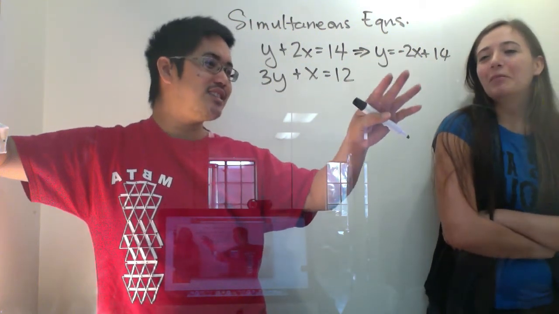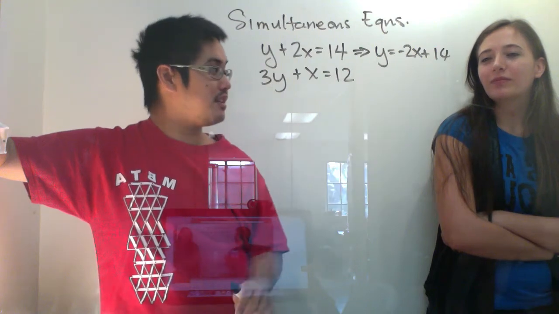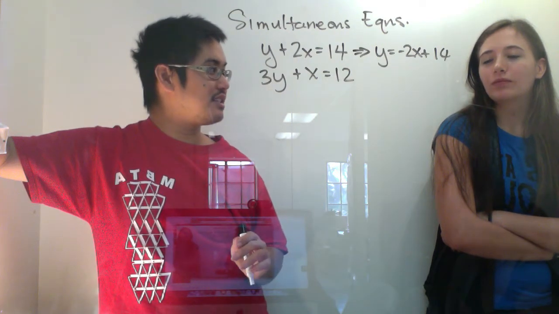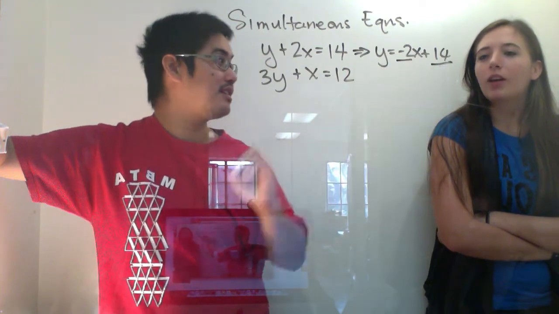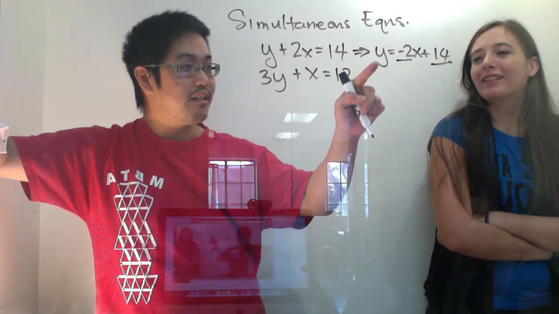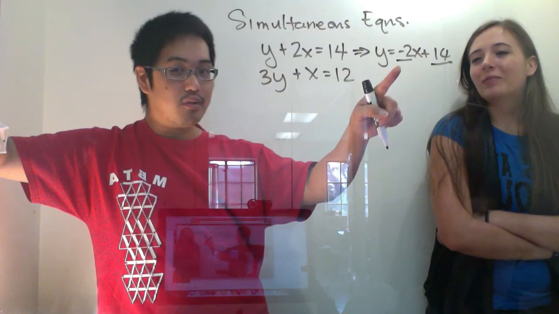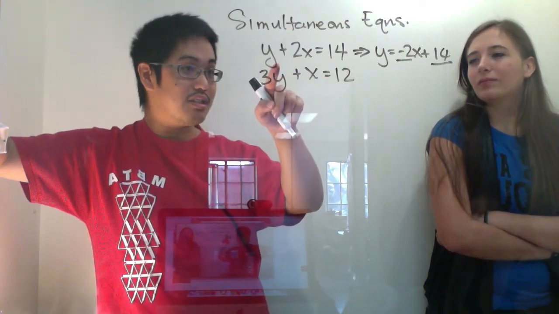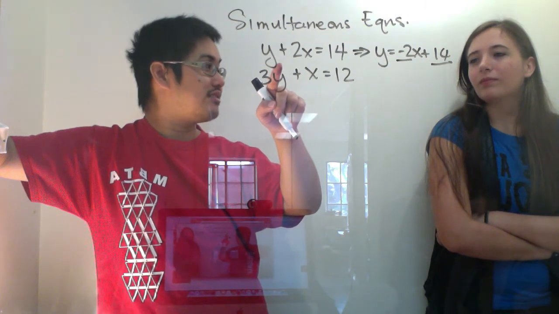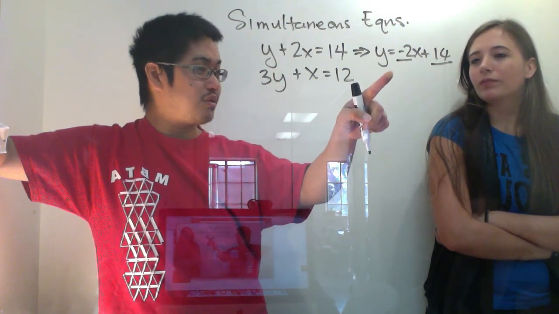Because this is in the form y equals mx plus b. Here's the m, here's the b. This is the form of a line that you are very familiar with and comfortable with. This right here is a little weird. This is called standard form, and I don't like it. This is called slope-intercept form.